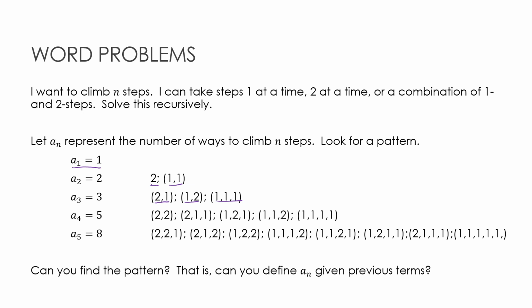Can you essentially explicitly define a sub n, or can you define it recursively in terms of the previous terms? So if this is my pattern, 1, 2, 3, 5, 8, is there a pattern that you can notice in those values?